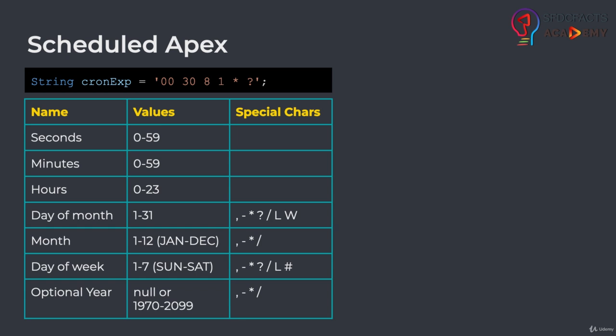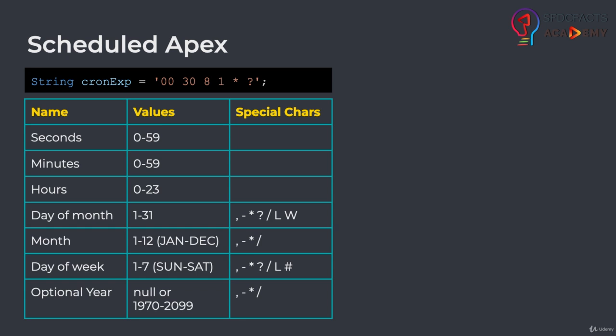After day of month, we need to define month, and this can be any value from 1 to 12. Or if you do not want to use the numeric values, then you can also use Jan to Dec. We have special characters here as well, and they all hold the same meaning that we have just discussed.